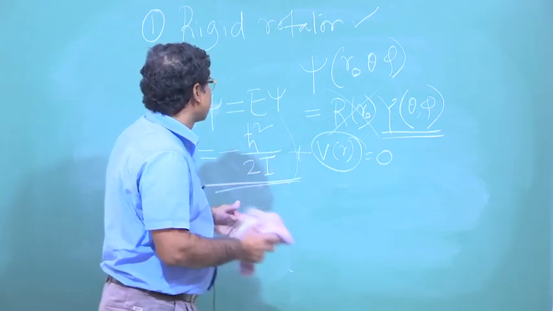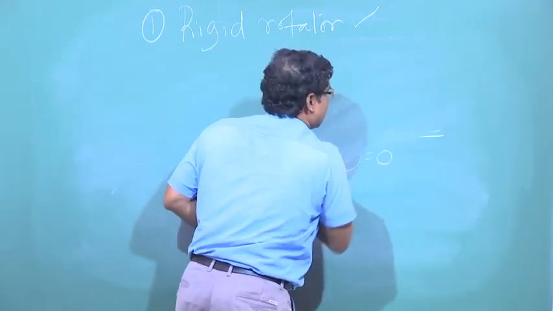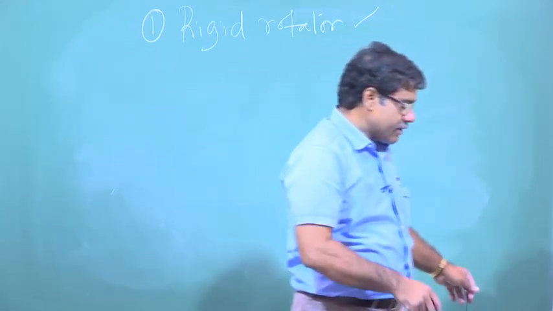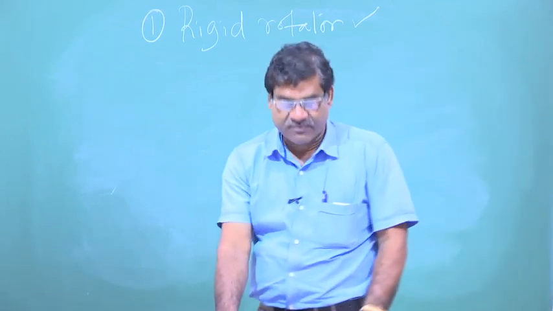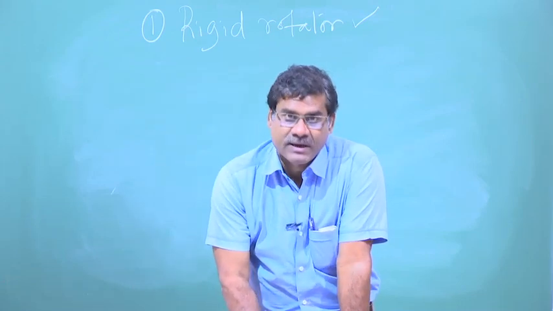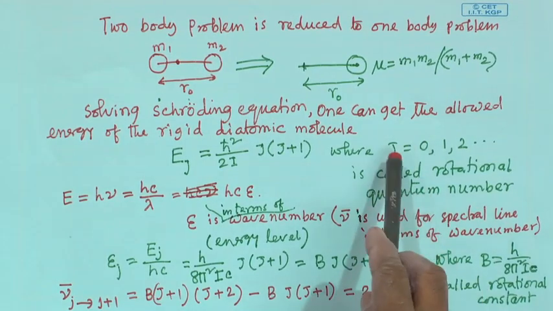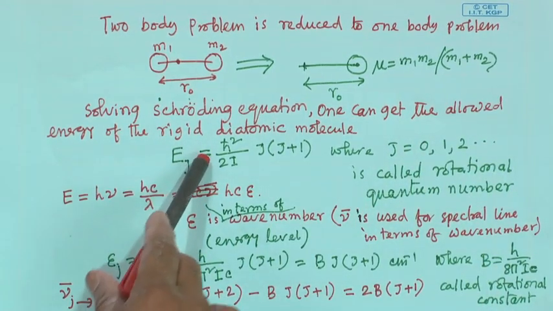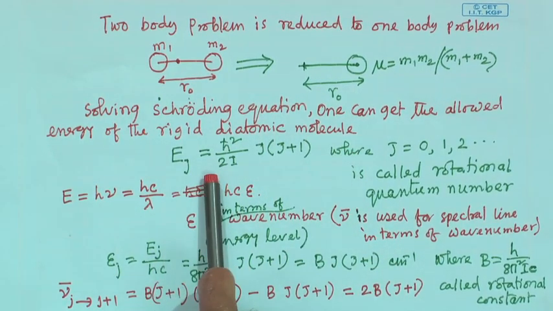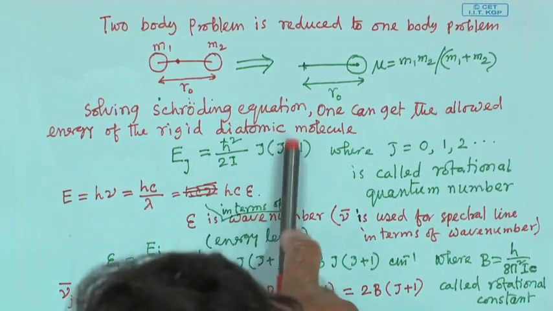If you solve this Schrodinger equation, I will not go into details, you will get this type of result. Solving the Schrodinger equation, one can get the allowed energy of the rigid diatomic molecule: Ej equals h cross squared by 2I times j(j plus 1).